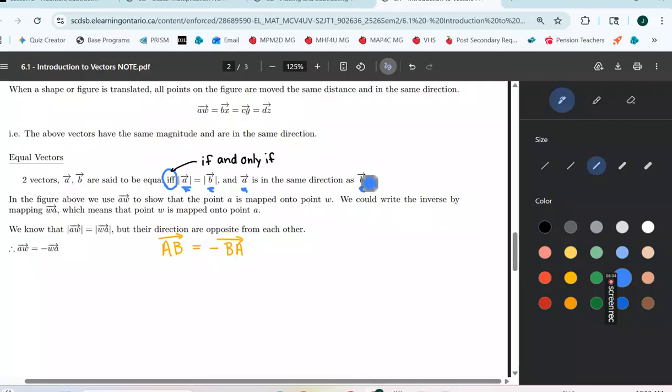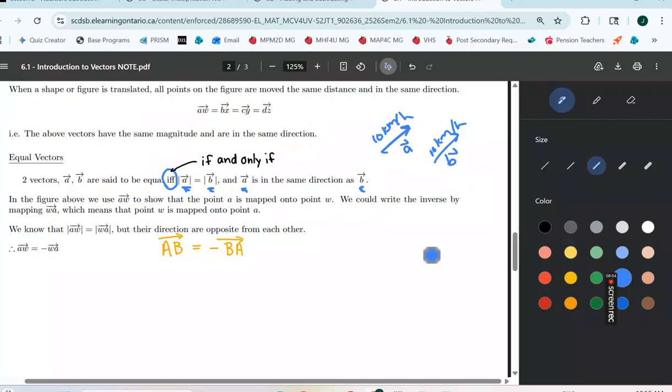Okay, so for example, let's call this vector A, let's call this vector B, let's say they are both 10 kilometers per hour. Let's just pretend we're talking about speed. Those are equal vectors because they're in the same direction, same magnitude.